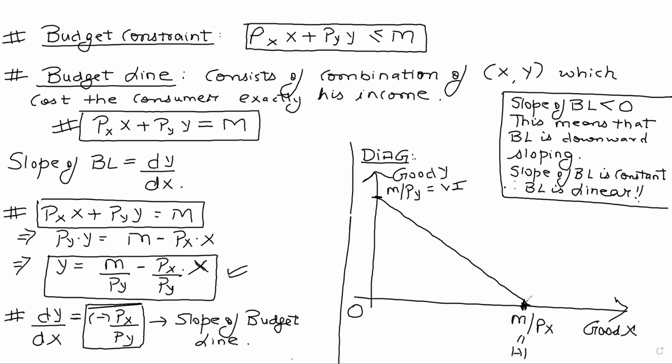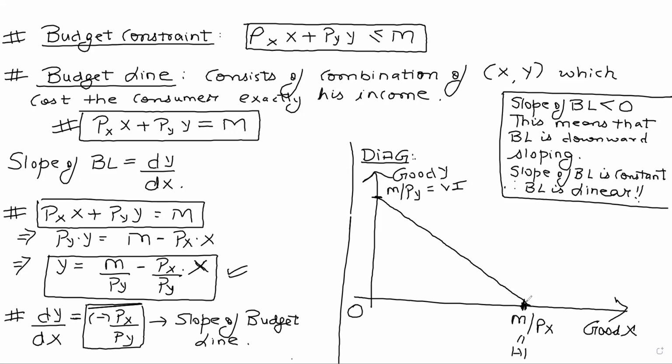Why is it not a curve? It is straight because the slope of the budget line is a constant. It is the ratio of market prices which are fixed by the industry under perfect competition. Second thing, why is the budget line downward sloping? Because mathematically the slope of the budget line is negative. If the consumer affords more of good X, the consumer will have to give up some amount of good Y because the consumer is constrained by income.